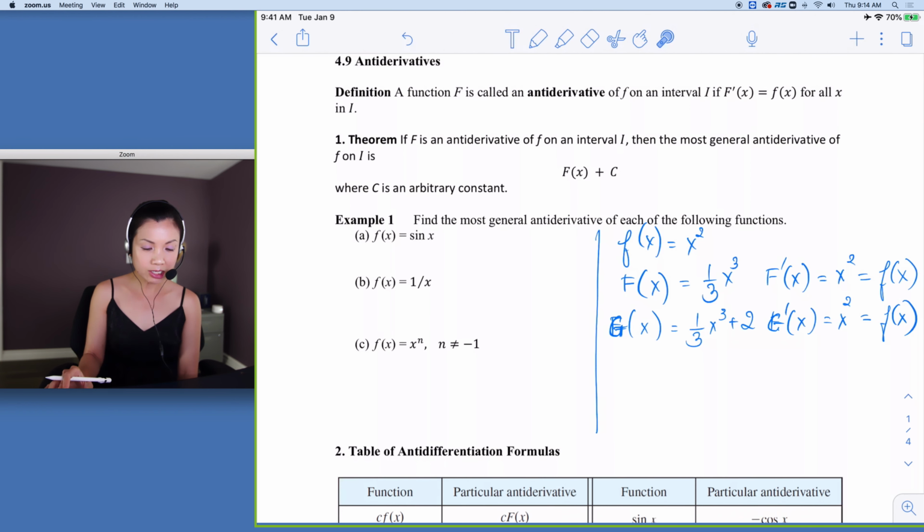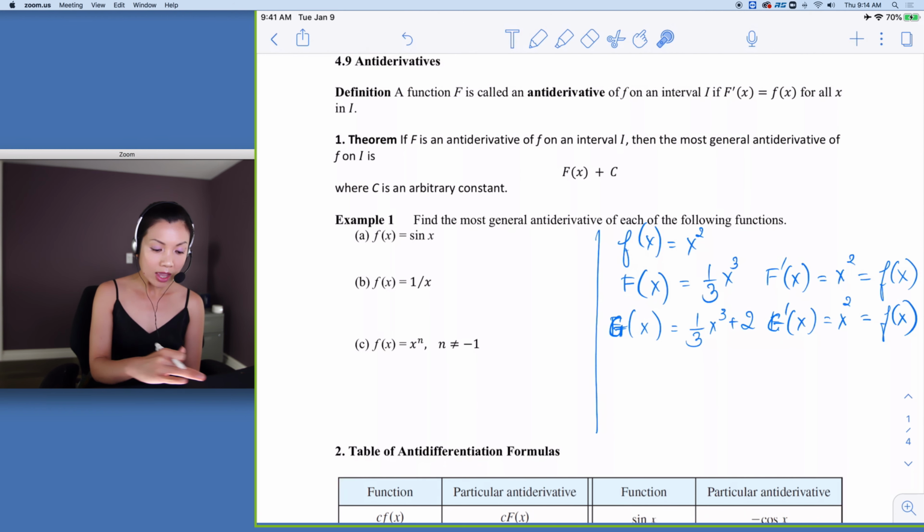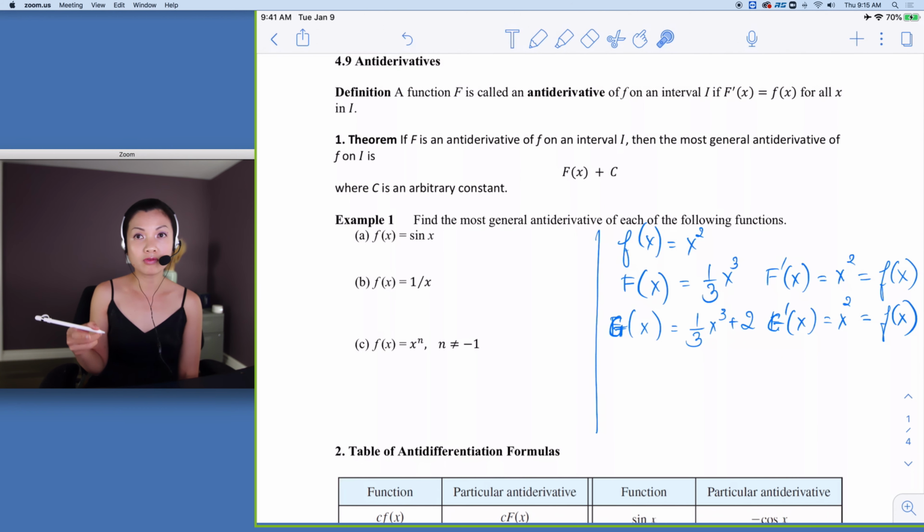Okay, let's take a look at that example. We want to find the most general antiderivative of each of the following functions. So sine. When you take the derivative of cosine, you end up with negative sine, right?